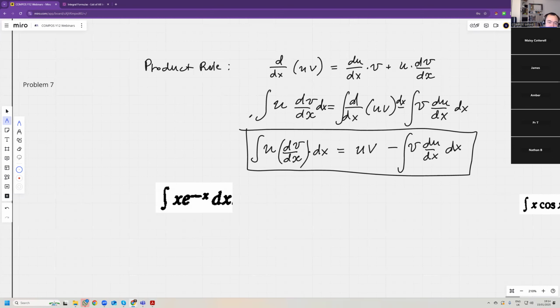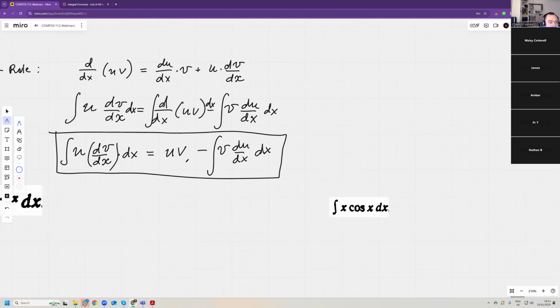This is the horrible way of writing it. So let's do it in another form. So uv dash is equal to u dash v plus u v dash. And here we can say u v dash is uv dash minus u dash v. So I've rearranged that.